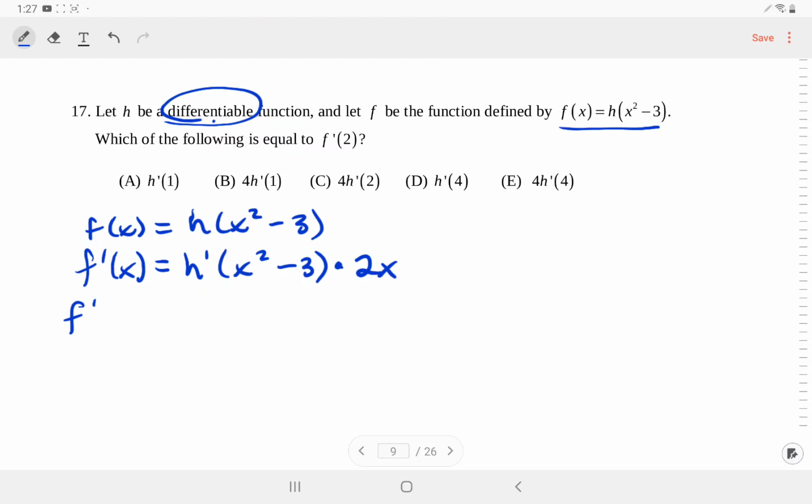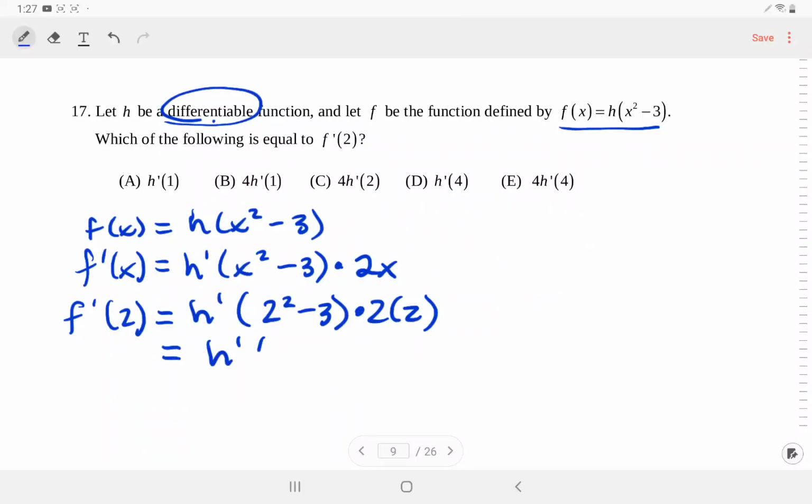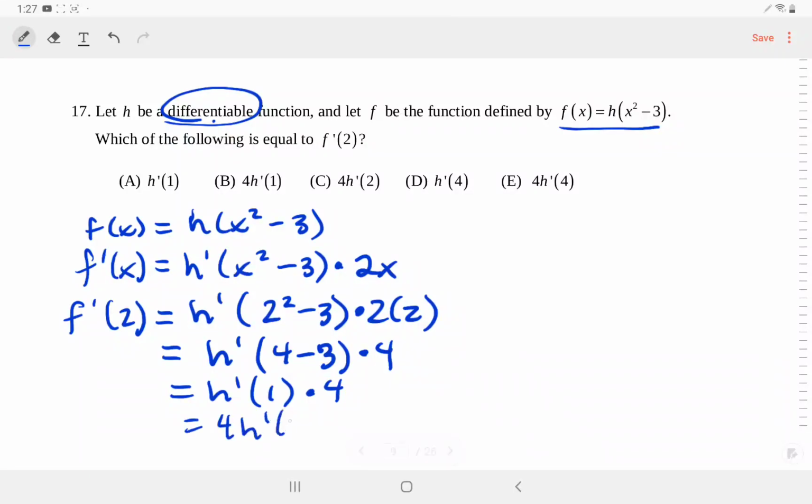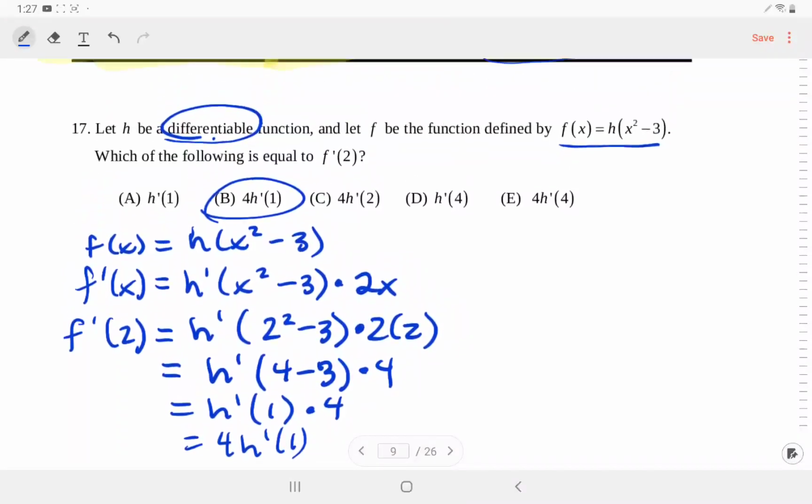And then they want f prime of 2, so they want to substitute the 2 in. That's h prime of 4 minus 3, times 4. h prime of 1 times 4, which is 4 h prime of 1. B. That was a nice one.